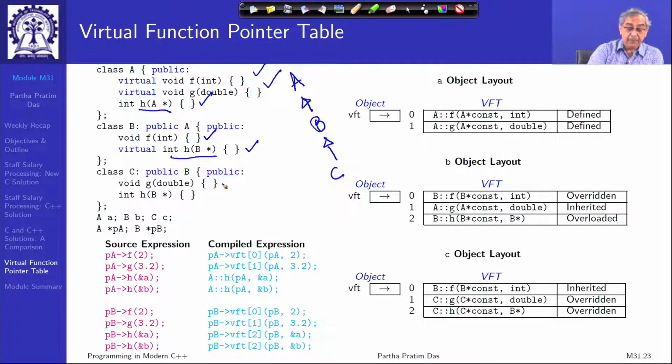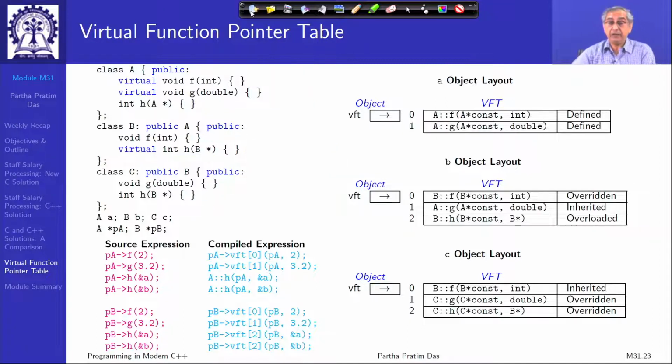Similarly, coming to C, f is simply inherited, G is overridden, and H is overridden as well. So, in this context, if you look at the virtual function table, A will have two virtual functions, at 0 and at 1. It happens in the order in which you define them. So, function f and function g are just defined.